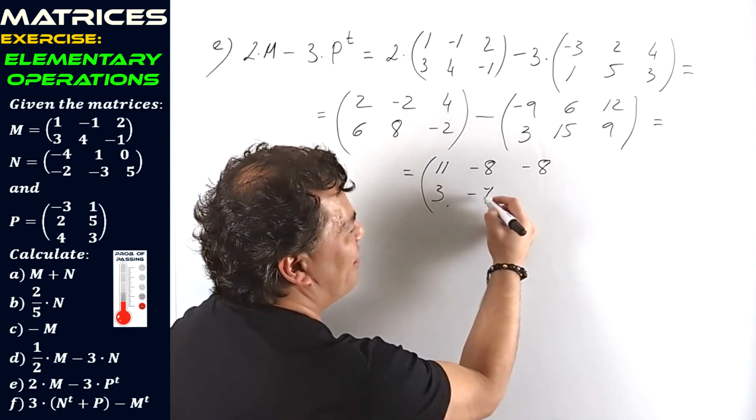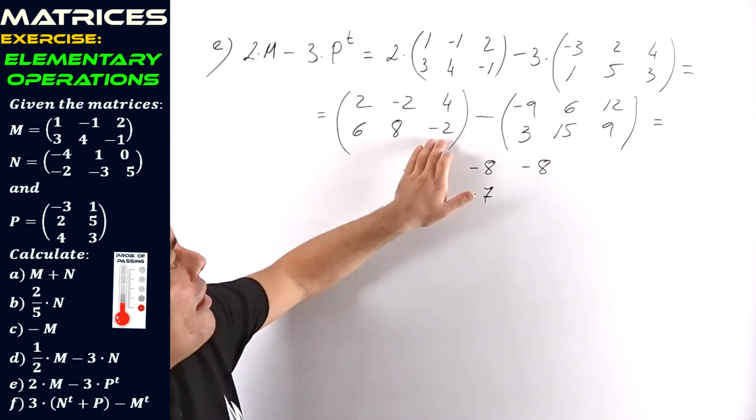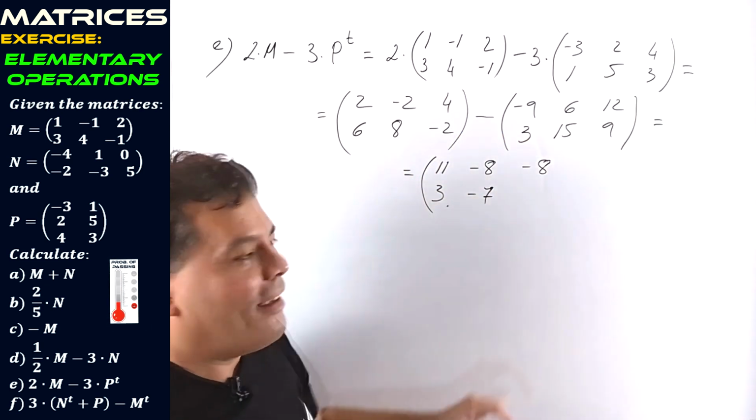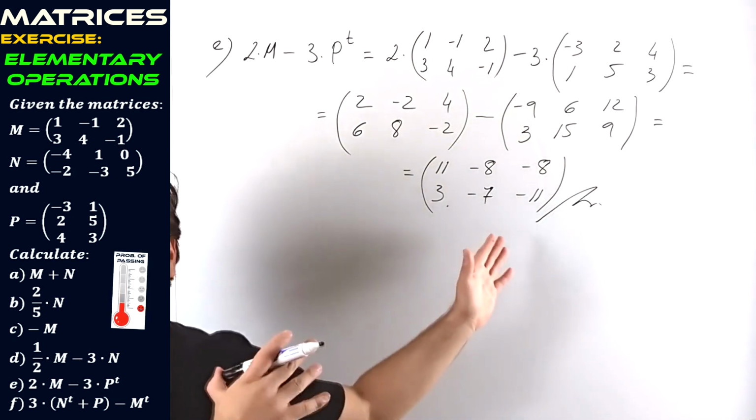Be careful with the signs and these easy operations. And finally, negative 2 minus 9 is negative 11, and we have already finished our section.